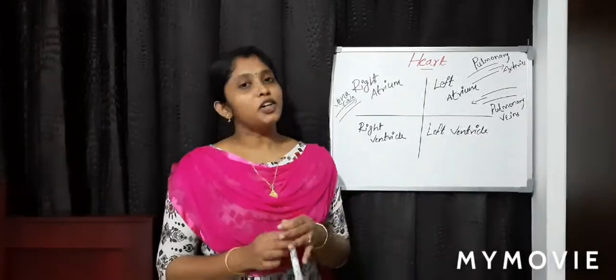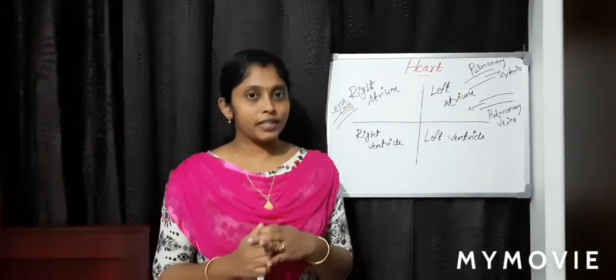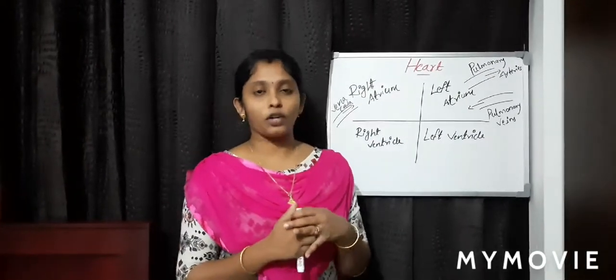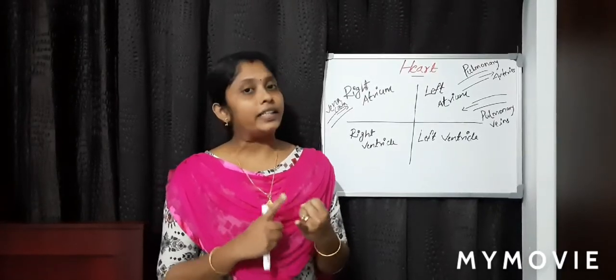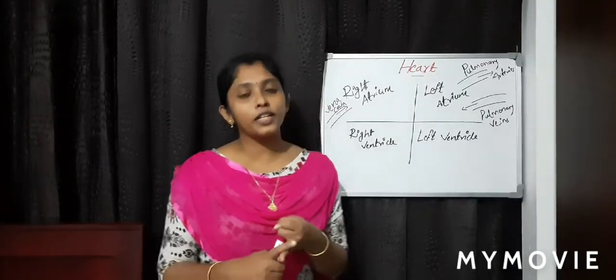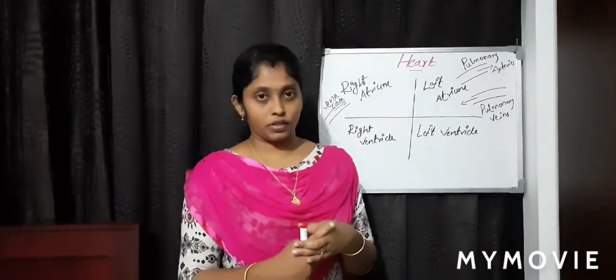Both oxygenated and deoxygenated blood reach our heart. Oxygenated blood contains a higher level of oxygen and deoxygenated blood contains a higher level of carbon dioxide.